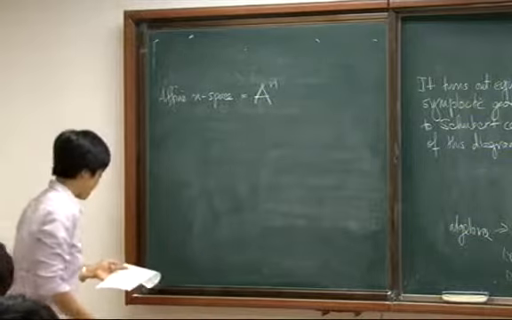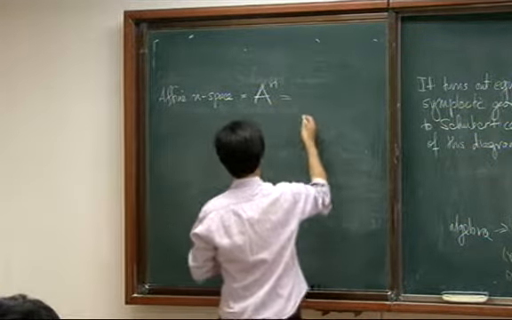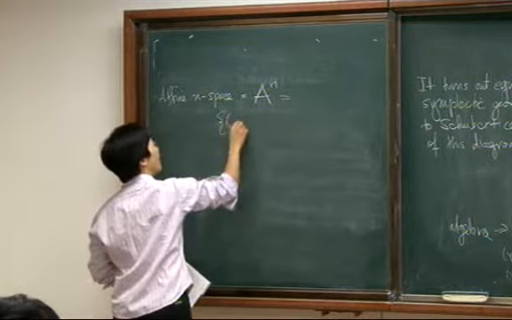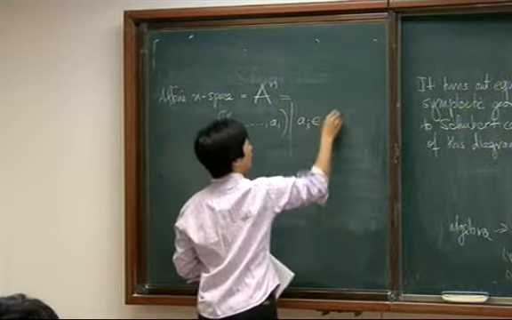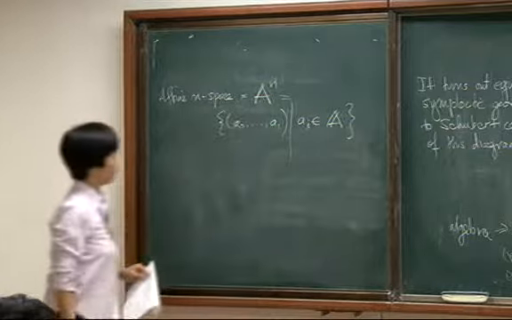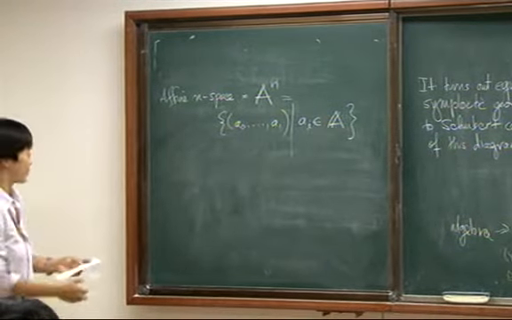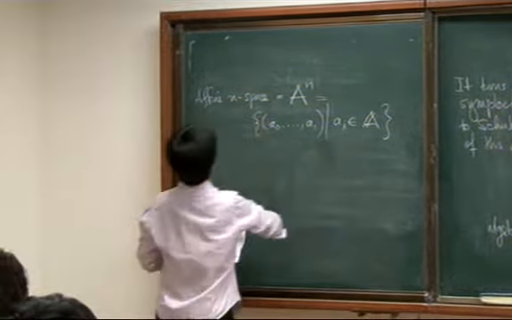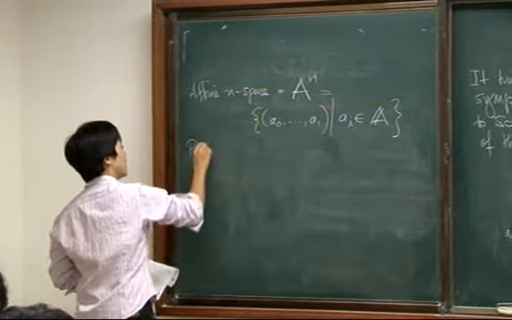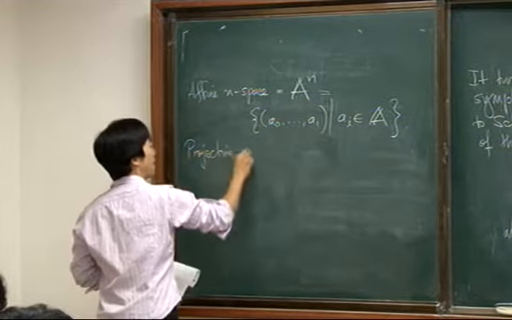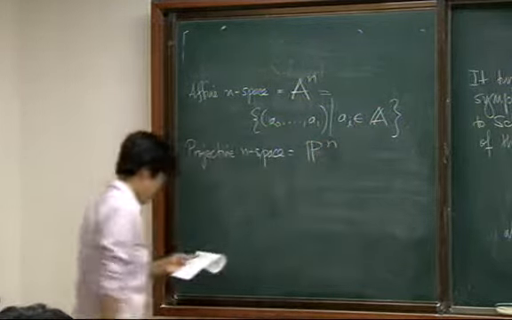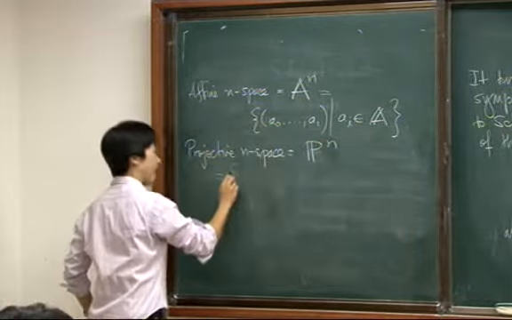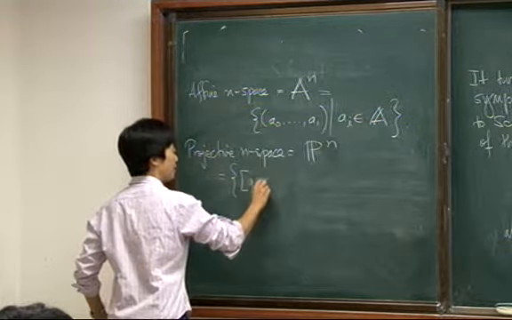So affine n space will be, so I'll denote that A naught to A1, where the AI are in either the reals or the complexes. And then the projective n space, I'll denote it Pn, and as is customary, I'll write it in homogeneous coordinates.